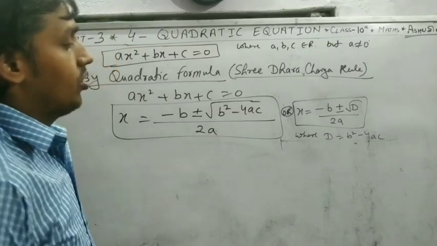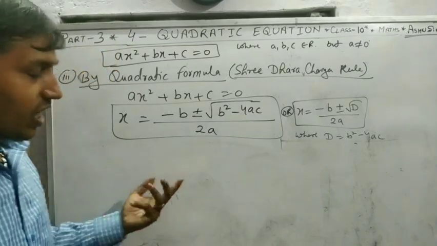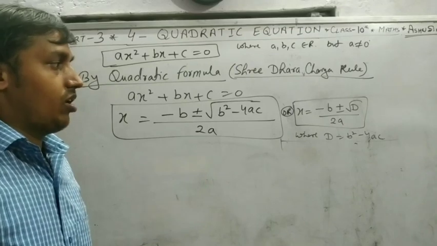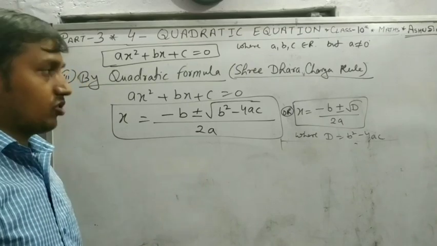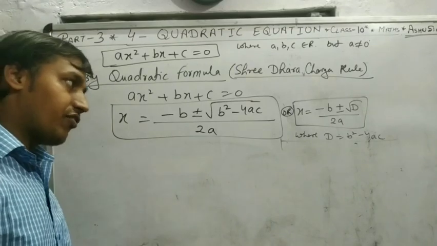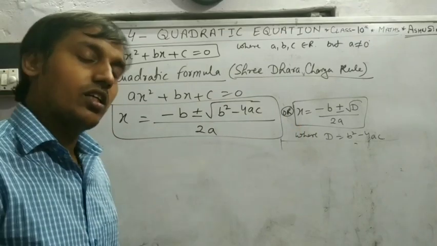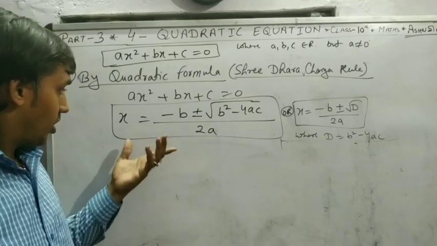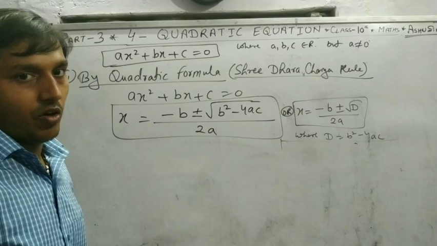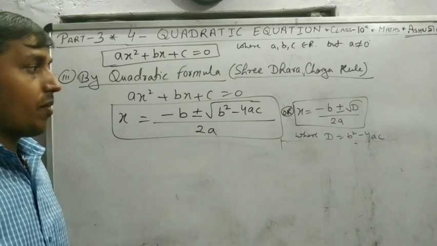So, we solved the last 3 questions. In the last 2 questions, we first find the value of d, then put it in the formula and find the value of x, means roots.